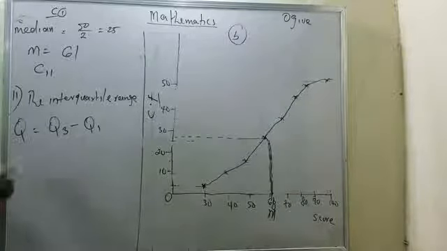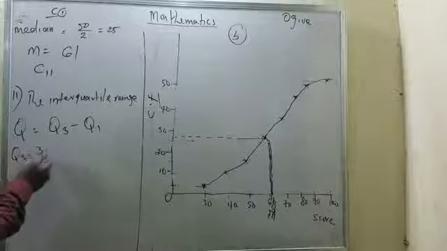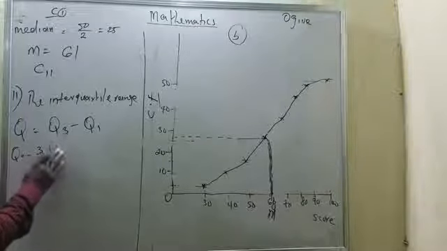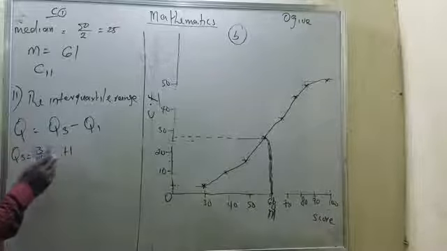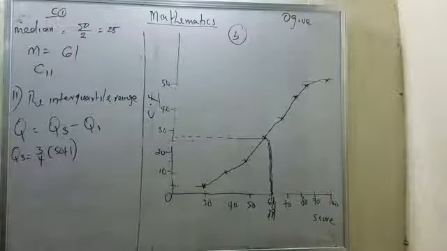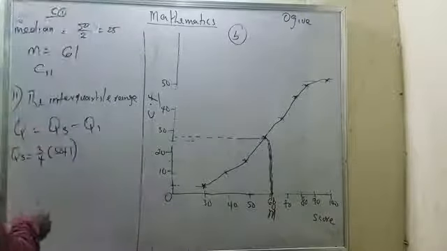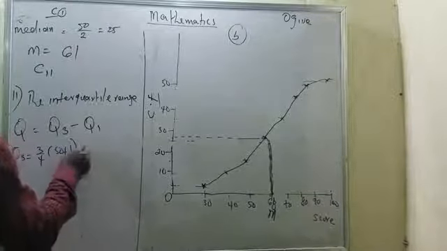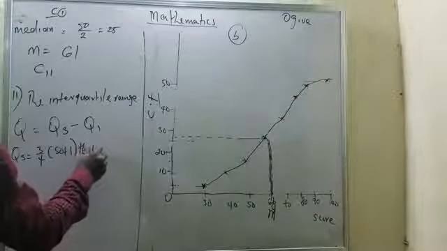It means my Q3 equals 3 over 4 of n plus 1. What is my n? My n is 50, the cumulative frequency, the total of the frequency, so n plus 1 is 51, which I was talking about. This is going to be the position of the item.